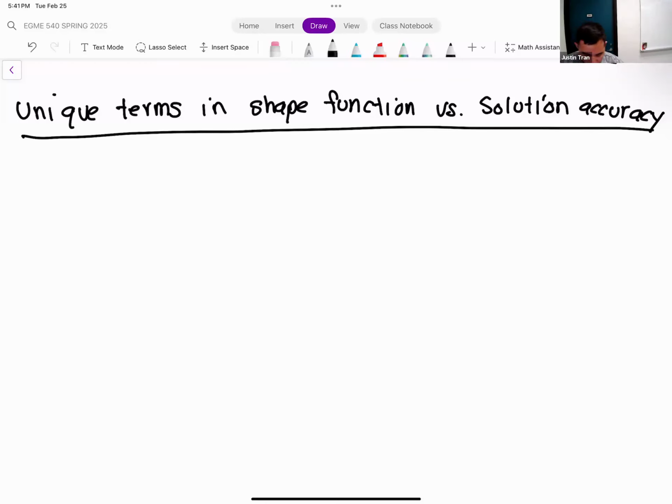Okay. But what is better? A better finite element solution is ultimately one that matches reality as closely as possible. If you were to take your finite element simulation and apply real life loads on the real life part, your finite element solution should match exactly what is happening in reality.